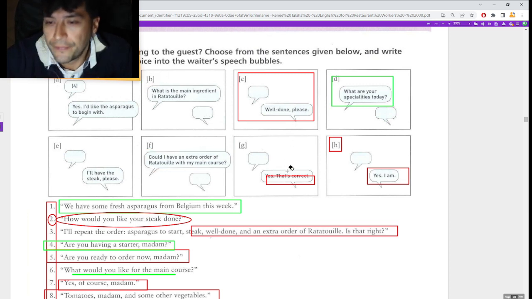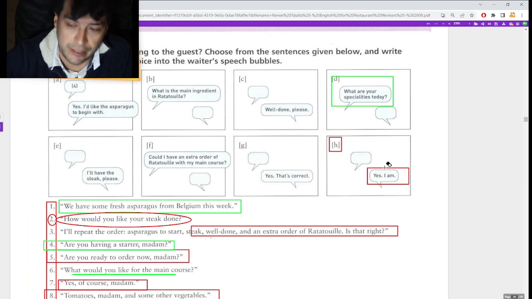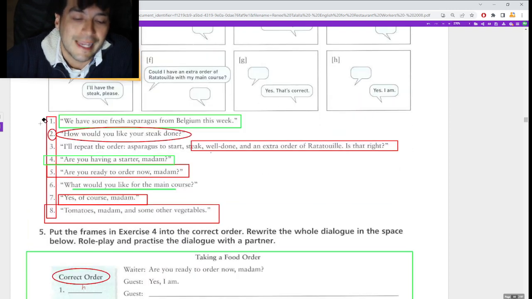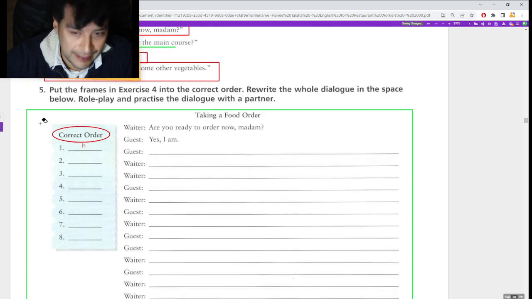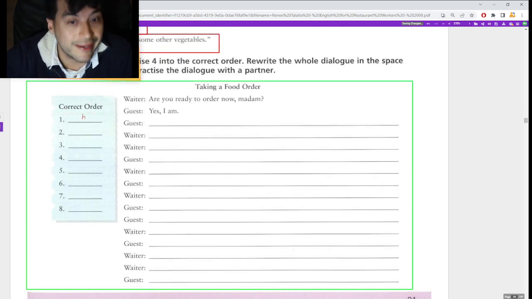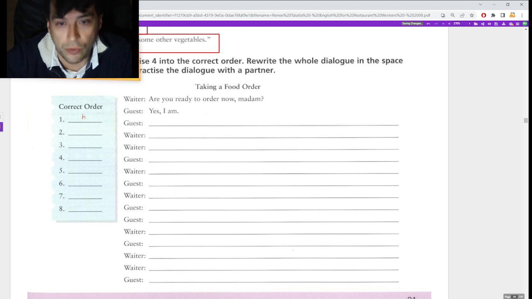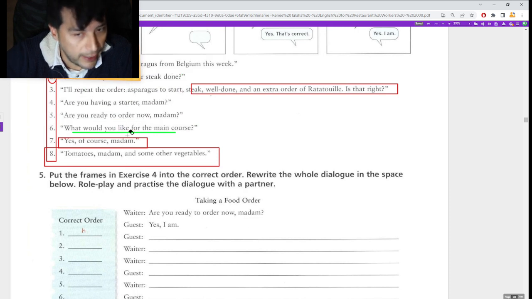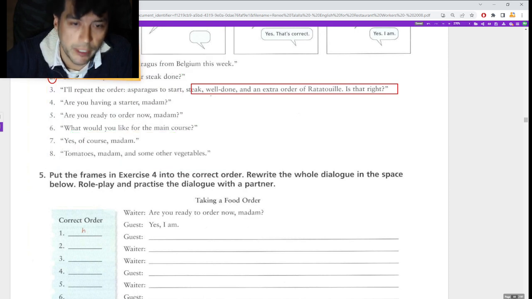Listen for the phrases the waiter is using, and we need to put the phrases in the correct order. We have the options right here, so it's not a problem.